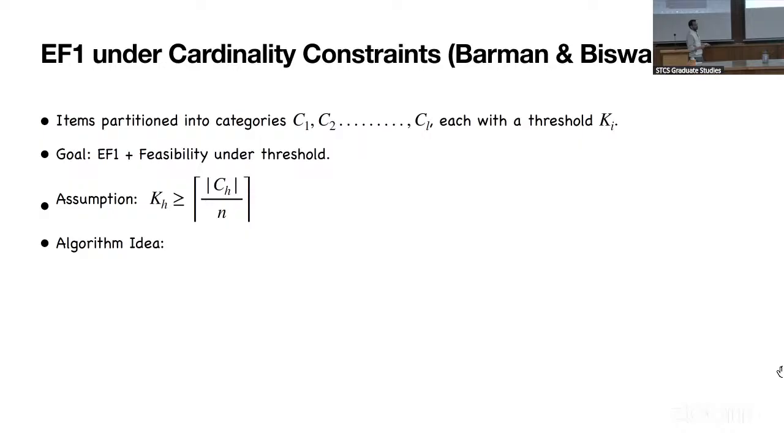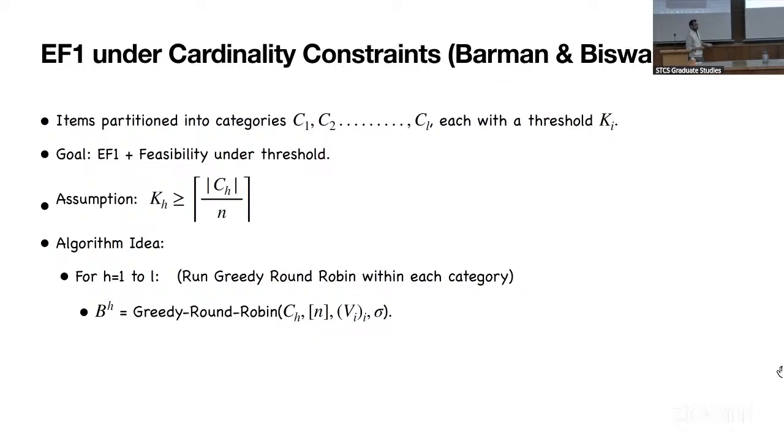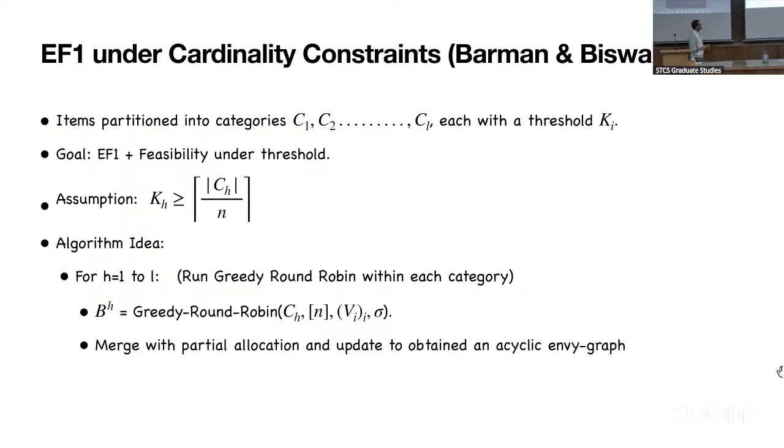The idea of this algorithm is very simple. We go one by one to each category, and we run the round robin algorithm on that category. Then we merge the allocation that we get from the specific category into the previously allocated items, and then we do the envy cycle elimination on the partial allocation.